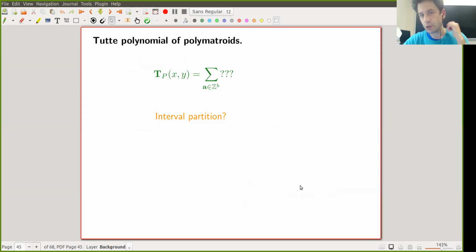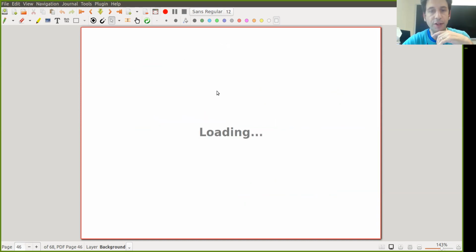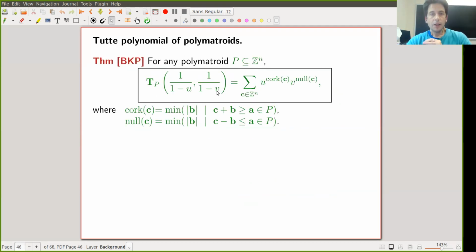But maybe we also want a corank-nullity formula. But the corank-nullity formula now is not going to be a sum over subsets. It has to be a sum over all the points in Z to the E. And it works. Once you have this fix, you can find an expression that works well.